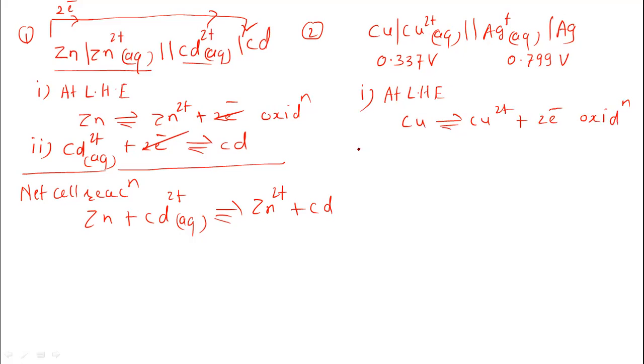On the right hand side, reduction takes place. The 2 electrons released on the left hand side are added on the right hand side.